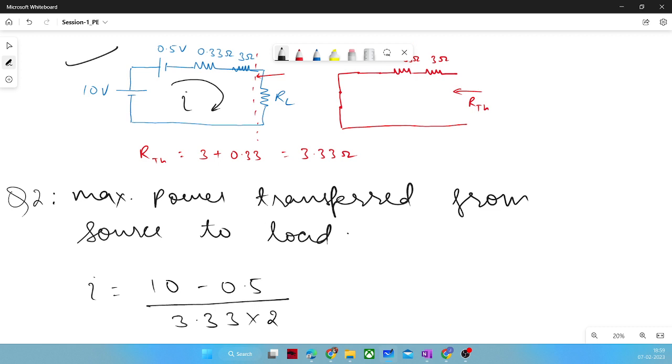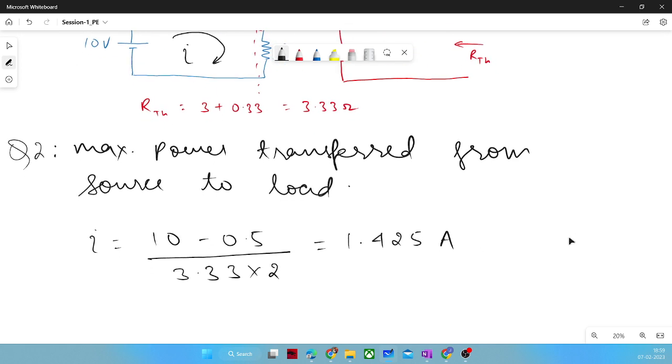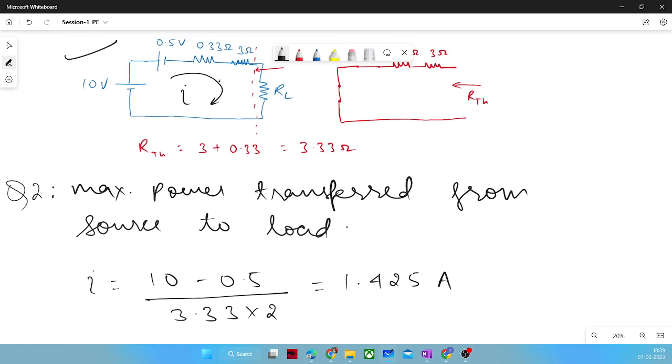RL plus RTH. So that will lead to the value will come out to be 1.425 ampere. So this is the value of current that will flow from this circuit.